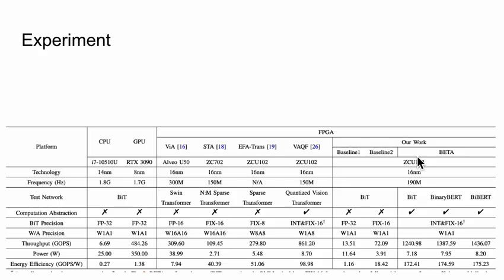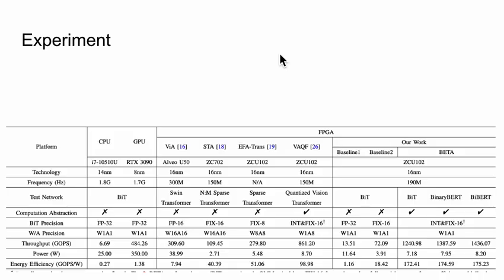This is the experiment result. BETA was implemented on an FPGA and tested on state-of-the-art binary transformers. Latency and power were measured using simulation and power tools, with CPU and GPU results for comparison, using a single sample per batch to mimic edge conditions.